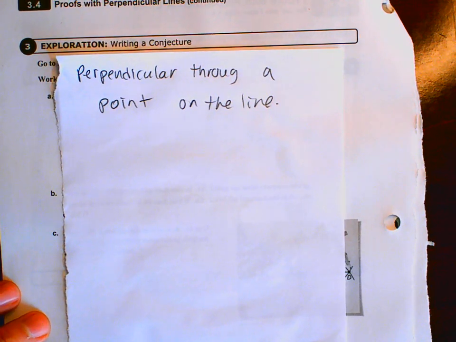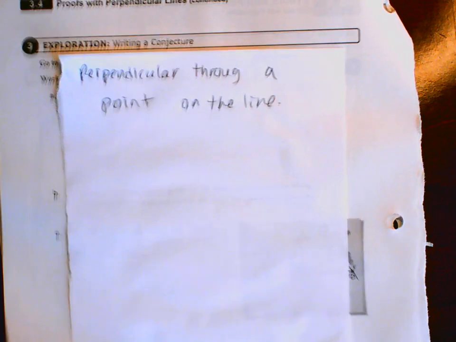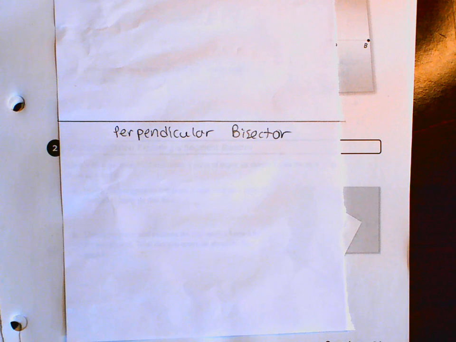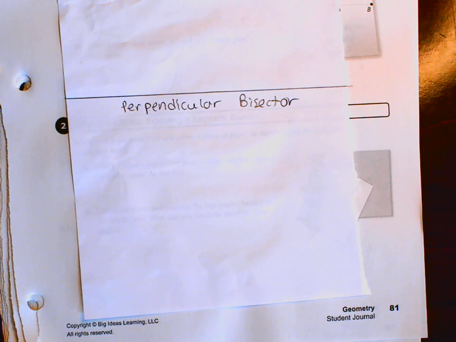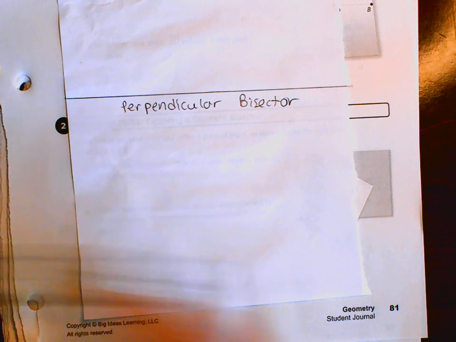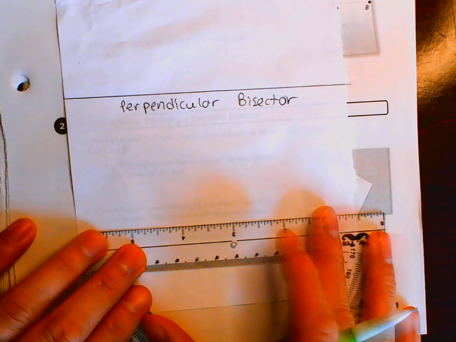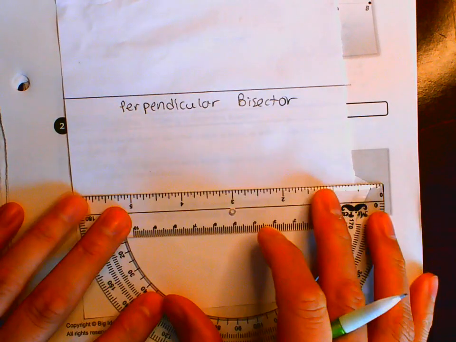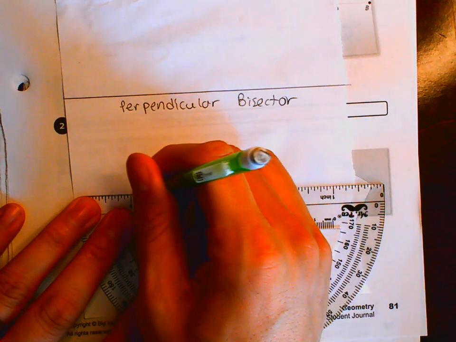Okay, so let's go ahead and go back to page 81. Let's start here at the bottom with the perpendicular bisector. First thing you need to do is create a segment down here at the bottom. The length of it doesn't really matter. Don't make it too small though, and I would draw this towards the middle.